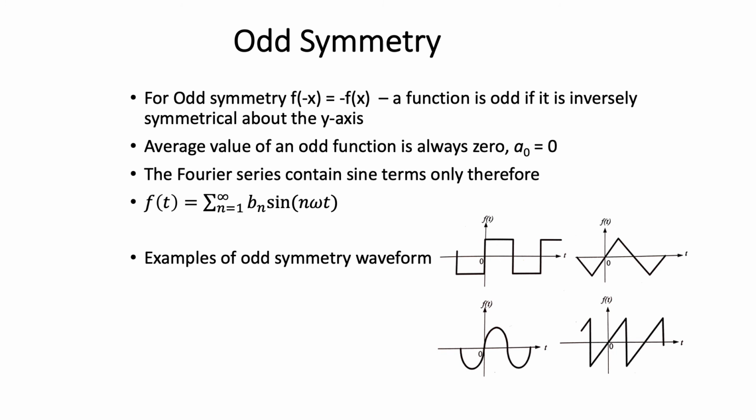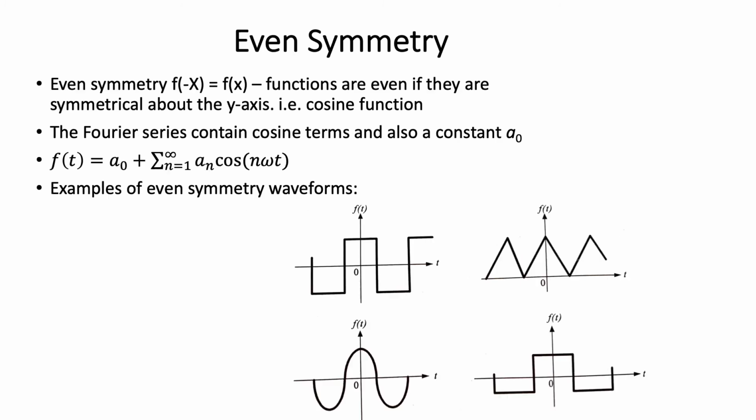The figures in this slide show some examples of odd symmetry waveforms. For even symmetry, the equation is f(minus x) equals f(x), and the functions are even if they are symmetrical about the y-axis, and the common example is the cosine function.